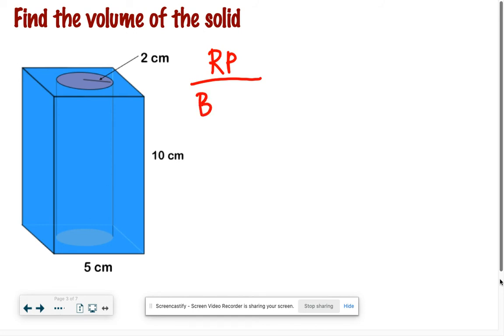So big B times our H. So we gotta find the base area of this prism. So if I trace out my base, what are the dimensions of my base? It is 5 by 5. Since you're not telling us, we're assuming it is just a square. So 5 times 5 gives us a base area of 25.